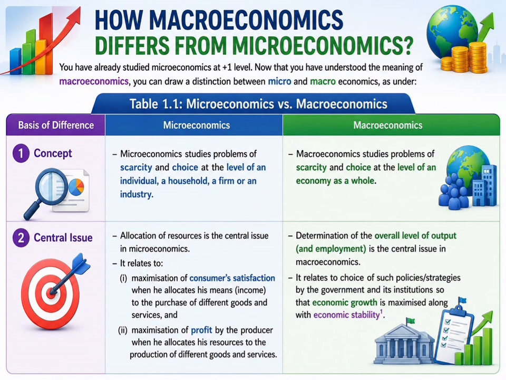Now let's move to the second difference, which is the central issue. In microeconomics, the main issue is allocation of resources. Resources like money, land, labor, and time are limited. So people have to decide how to use them wisely.